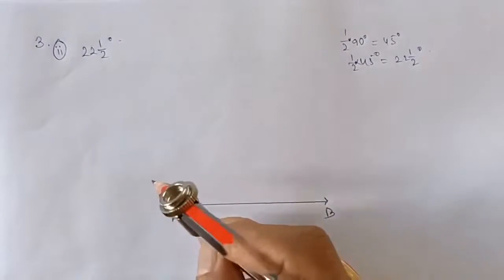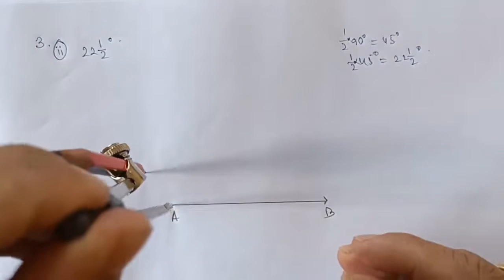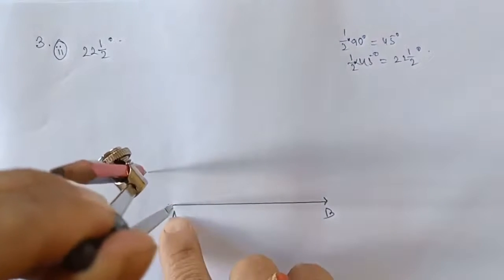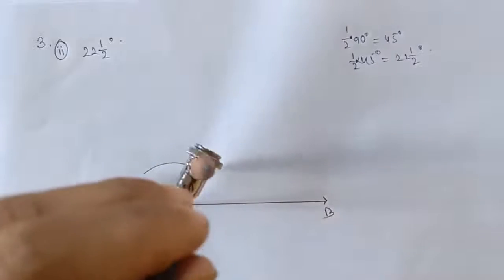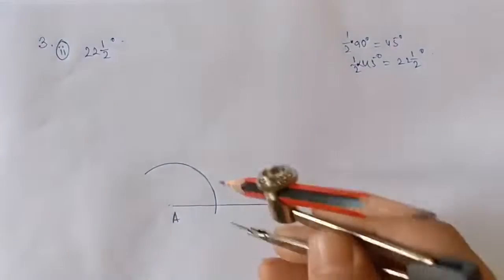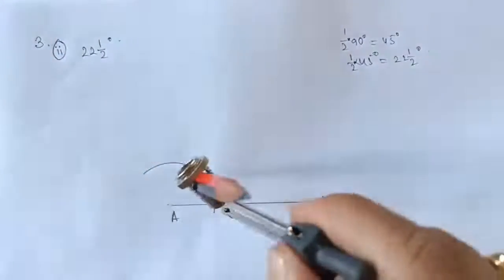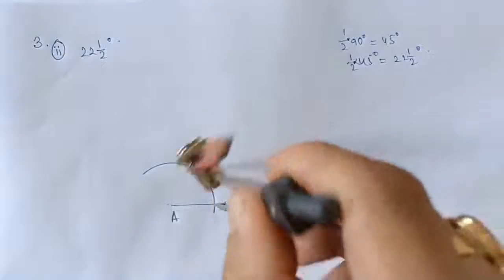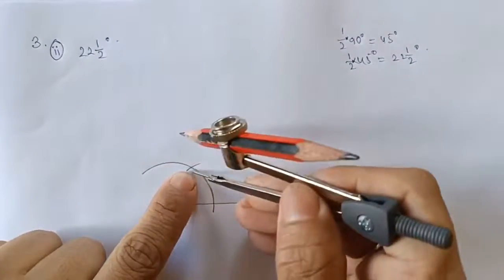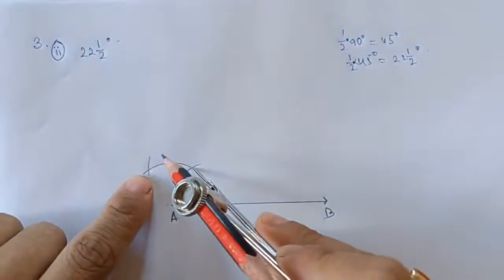For that, we are going to draw an arc with center A, intersecting the ray AB at a particular point. From that point, we again draw an arc intersecting the previous arc at this point. With this point as center and with the same radius, we draw an arc intersecting here.